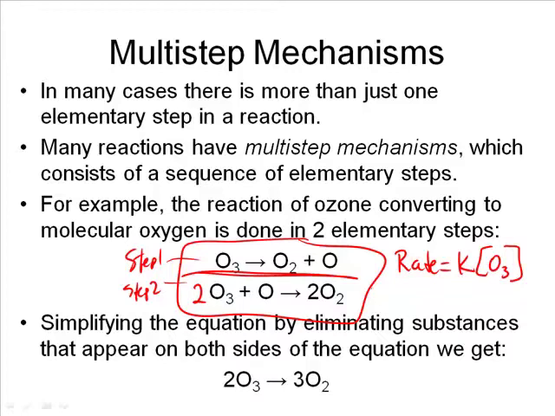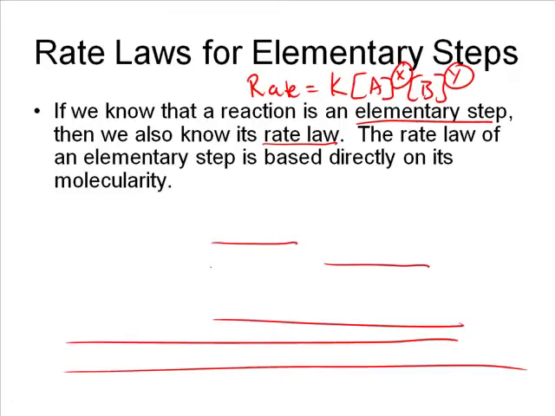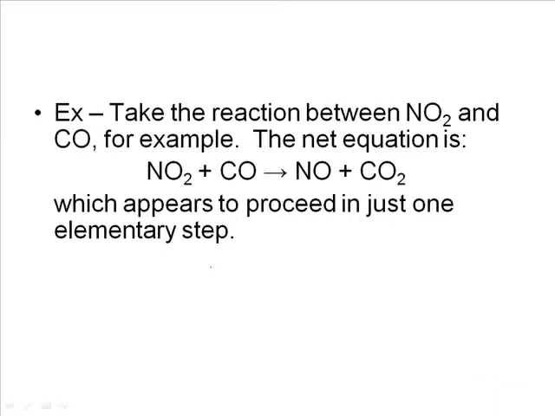Because we know that's in a reaction mechanism, we can say the rate would equal k times the concentration of O3 squared times the concentration of O. So when you have an elementary step, you can use the balanced equation, but in general you cannot. You can only use the balanced equation when you know it's an elementary step.